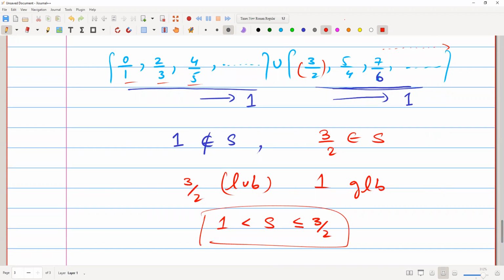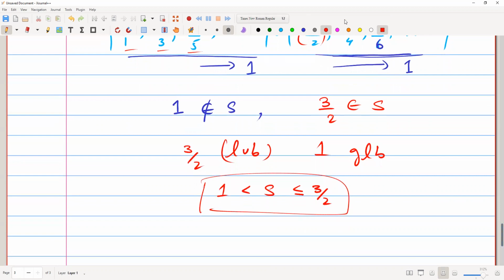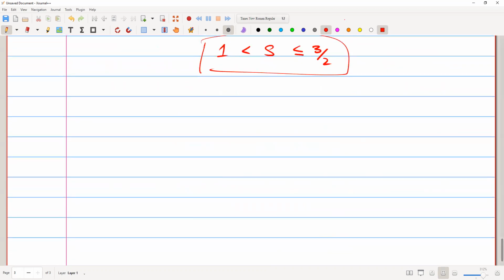And then we have one more example. Let's consider this example: (4n plus 3) over n such that n belongs to the naturals.